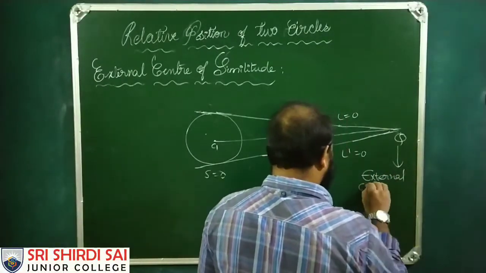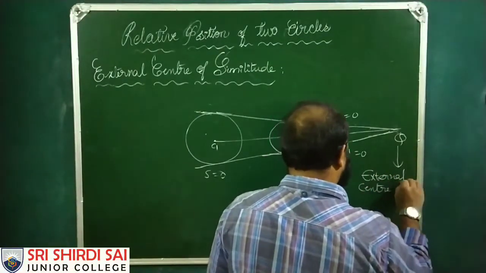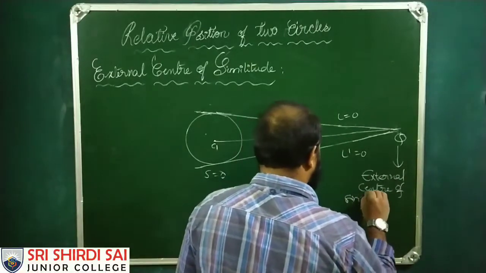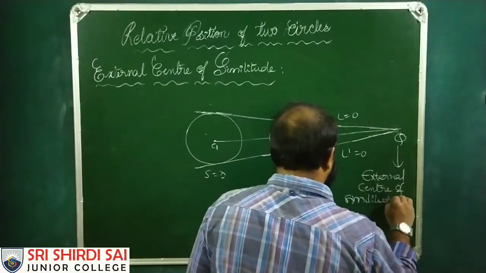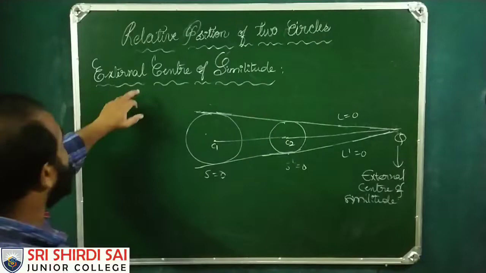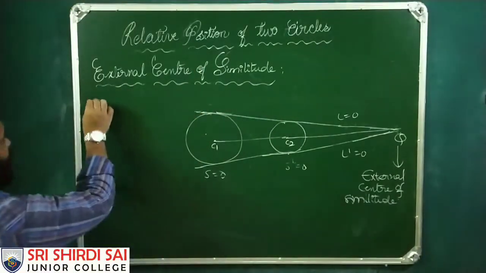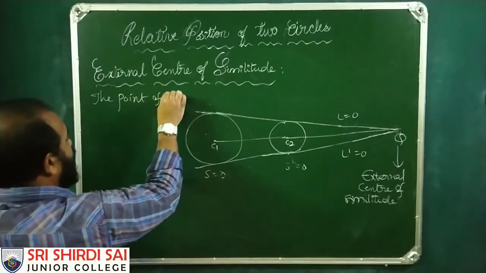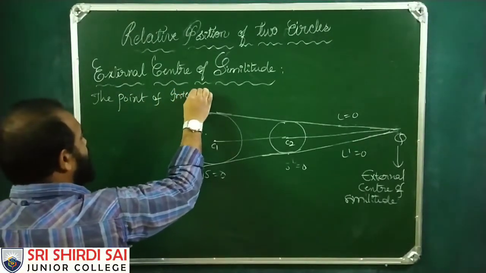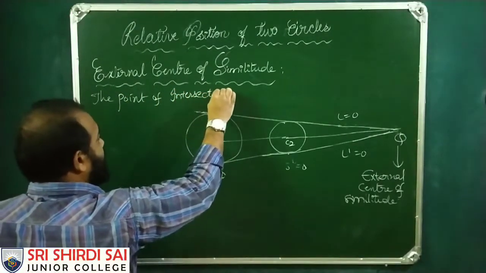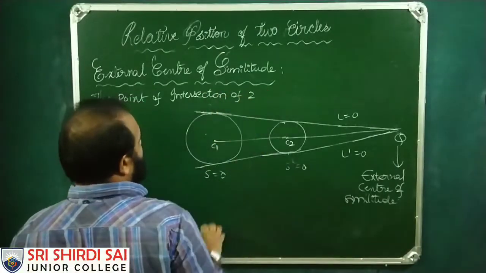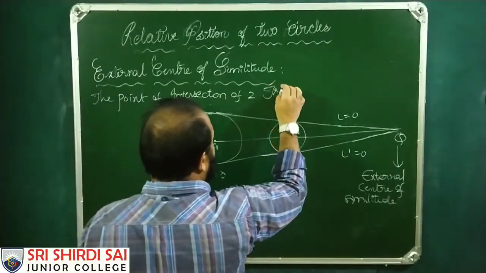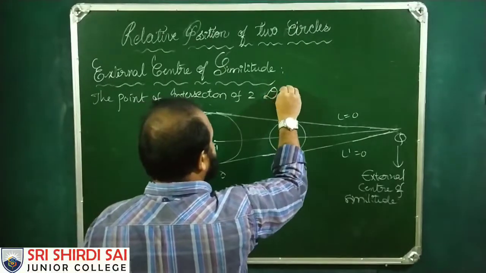External center of similitude. So how do we define it now? The external center of similitude is the point of intersection of the two direct common tangents.